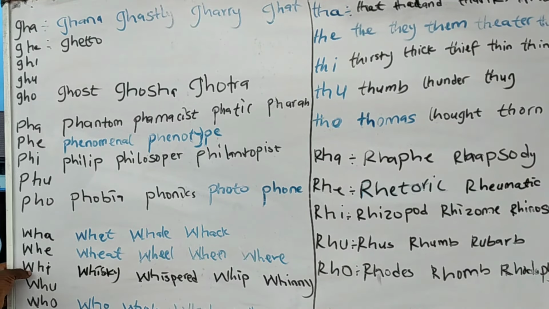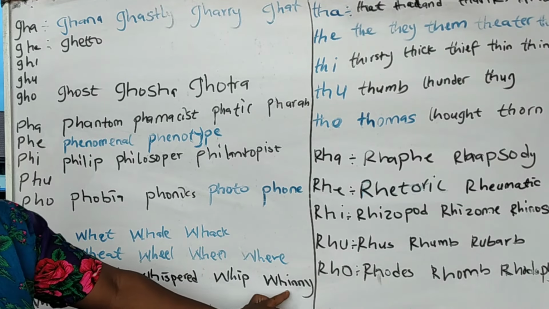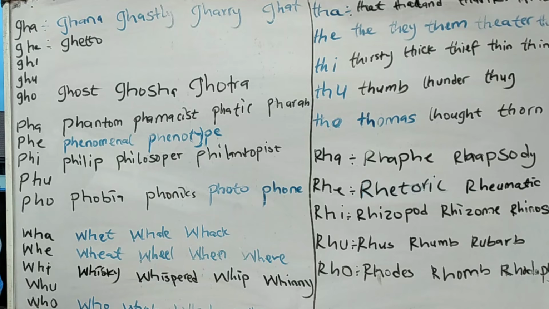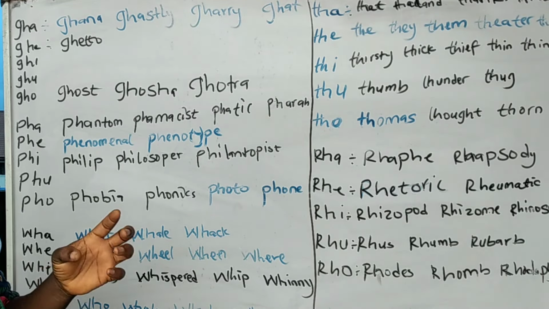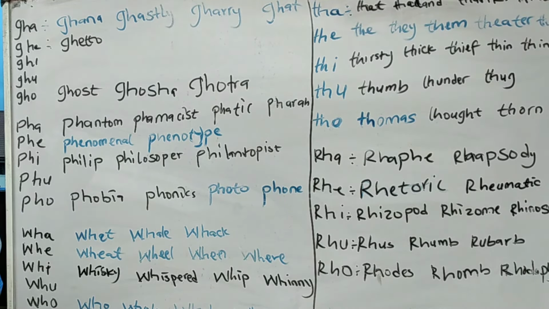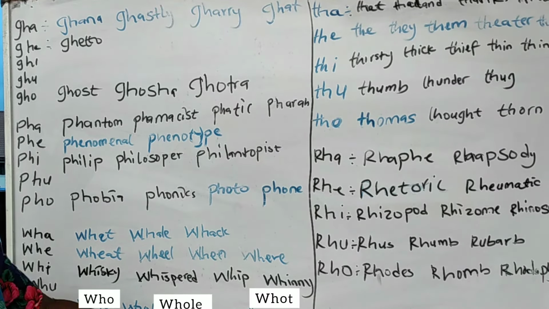All right, and to this we have whiskey, whispered, whip, Winnie. Now we have the WHO, which is a word on itself, woo. So we have woo, wool, as in whole, and we have what.